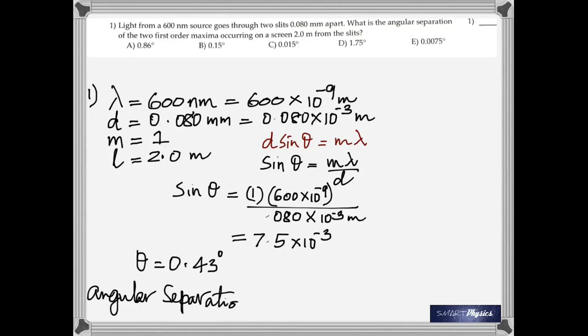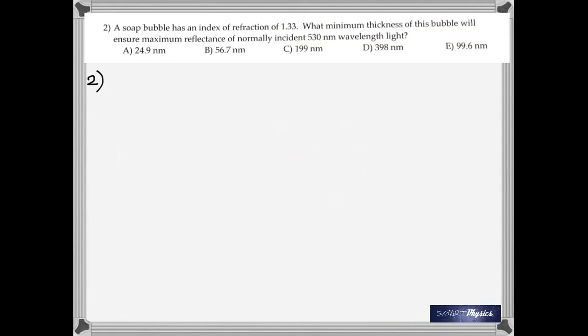And therefore the angular separation must be 2 theta, because it's asking about the two first order maxima. It should be 2 times 0.43, which is 0.86 degrees. So the answer is A. On to the second one.